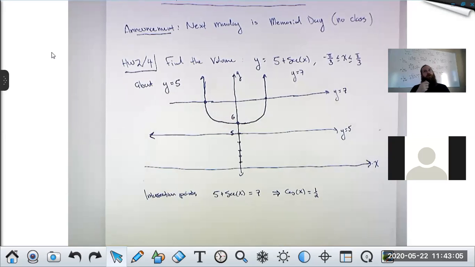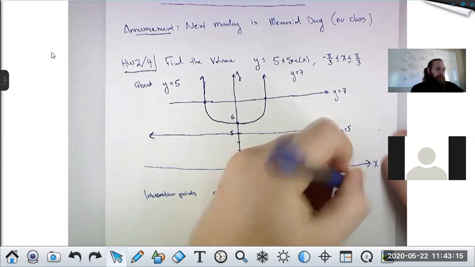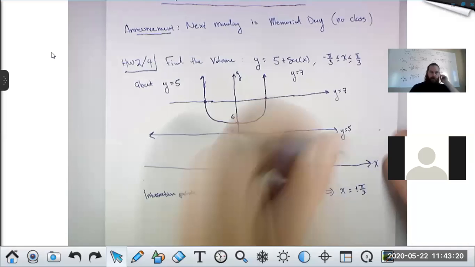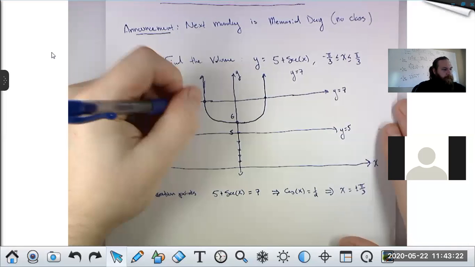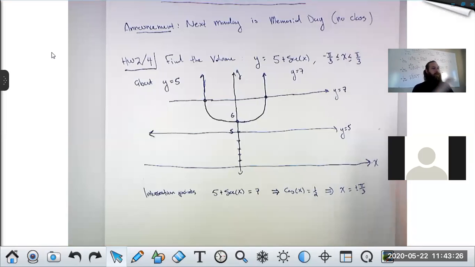Think about your unit circle. That is, yeah, plus or minus pi/3. Those are the two solutions that are closest to 0. So this point over here is negative pi/3. This point over here is positive pi/3. It has x values negative pi/3 and positive pi/3. Okay.